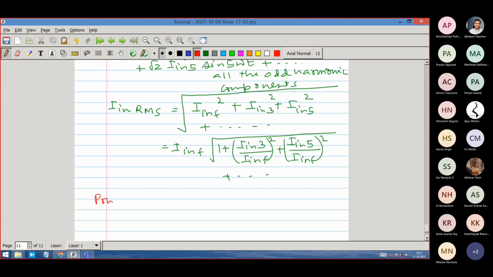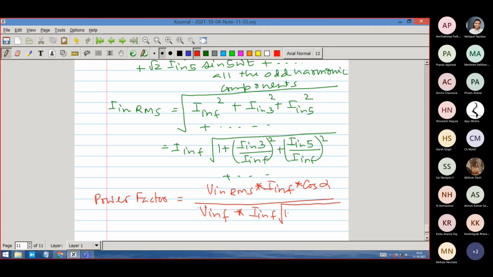Power factor is equal to V in RMS into I in fundamental, the RMS value, into cosine of alpha, divided by V in fundamental into I in fundamental into this factor, the square root of 1 plus I in 3 by I in F squared plus dot dot dot.